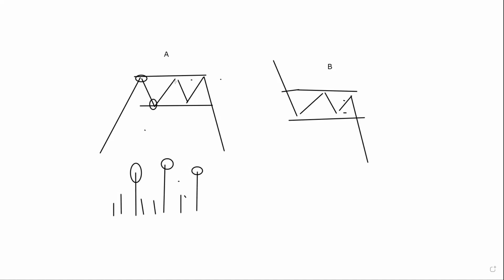Once you see high volume at the tops and bottoms, it shows you that this is distribution. The same thing goes for redistribution. Got it?